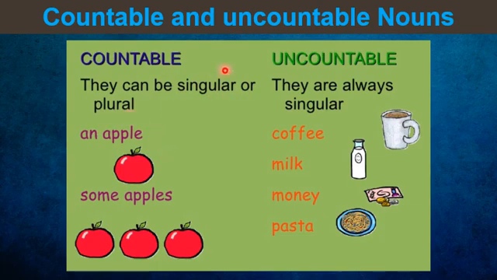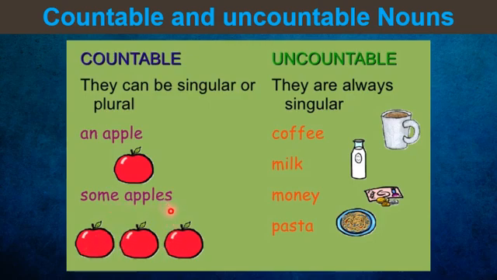For example, for singular, like the word apple. An apple, one apple. And apple can be plural. We can say apples. 1, 2, 3, 3 apples.